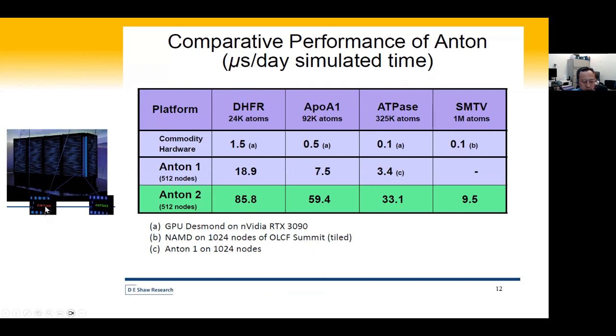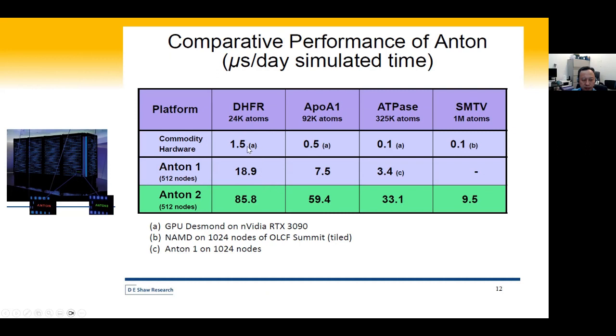This compares the Anton 2 with the first-generation Anton, and also with the GPU. For example, here it uses 1024 nodes of existing CPUs, and so you can see the throughput difference.